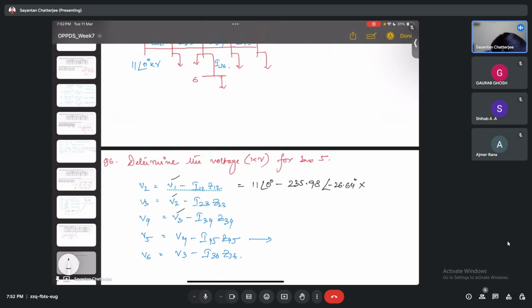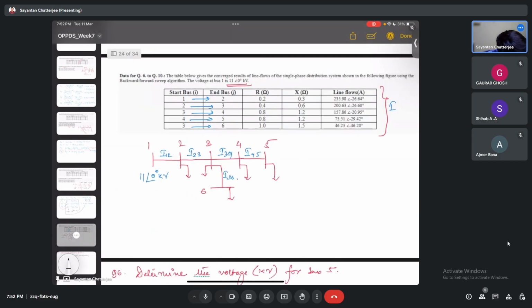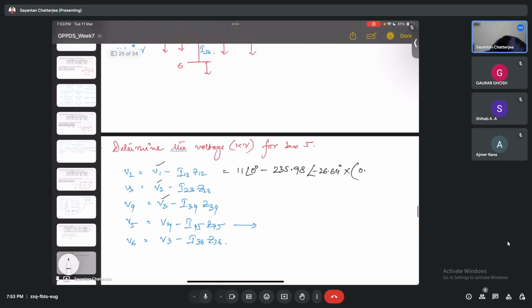And Z12 is also given, 0.2 plus j 0.3. If you just calculate, you will get the value of V2.